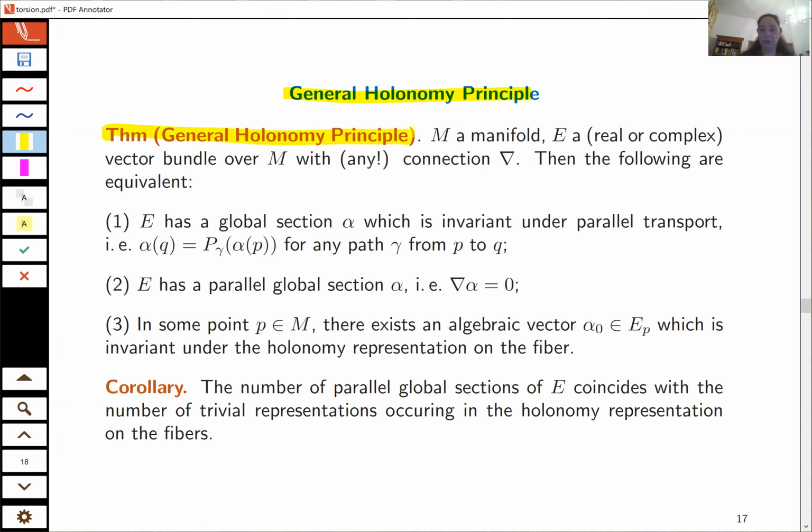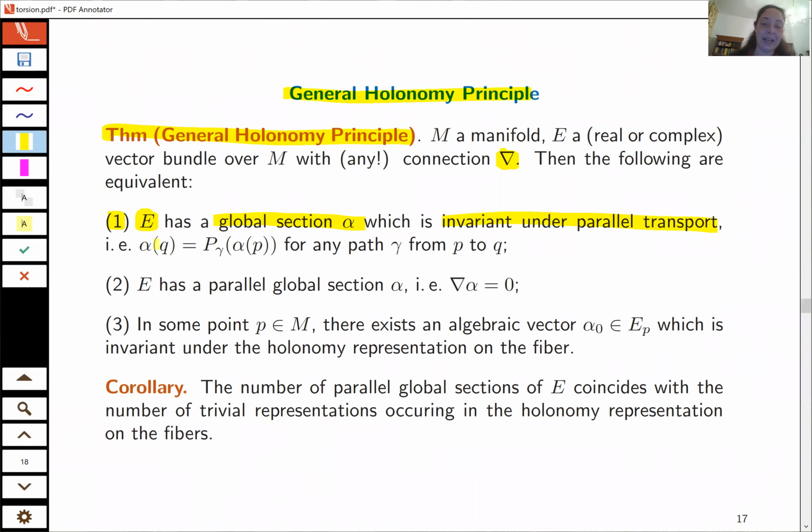So given a manifold M, a real or complex vector bundle over M with any connection, then the following conditions are equivalent. First, my vector bundle has a global section alpha, which is invariant under parallel transport.